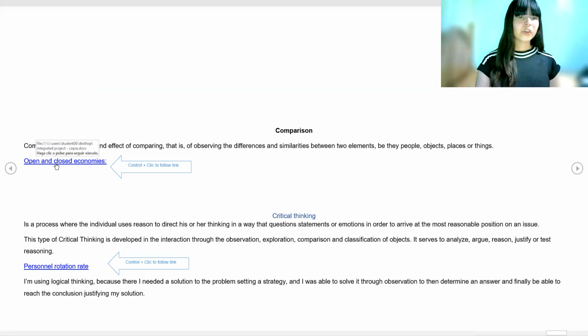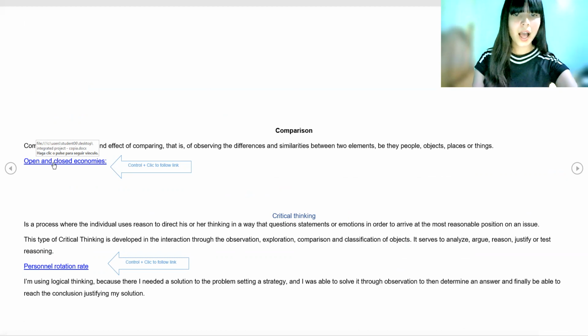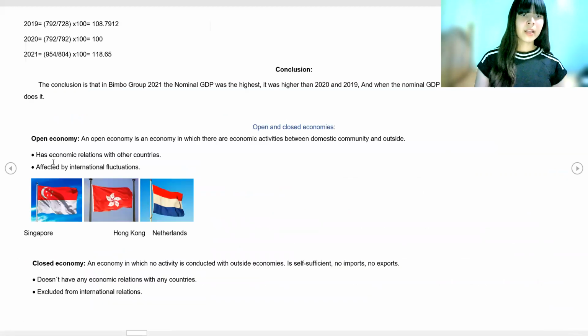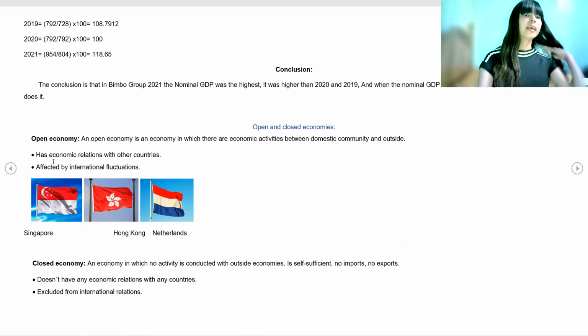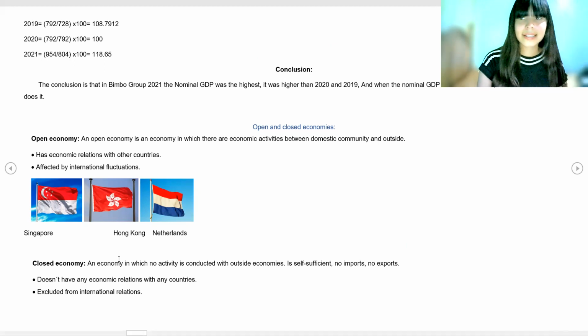Open and closed economies is an activity where I used the comparison, because I was identifying the difference between open economy and closed economy, identifying the characteristics and the main examples.